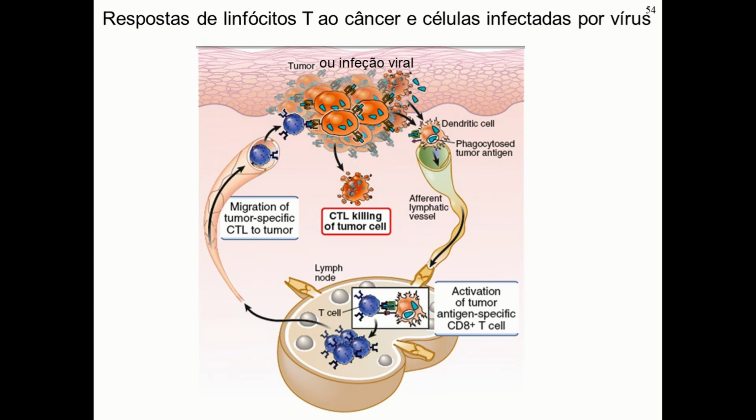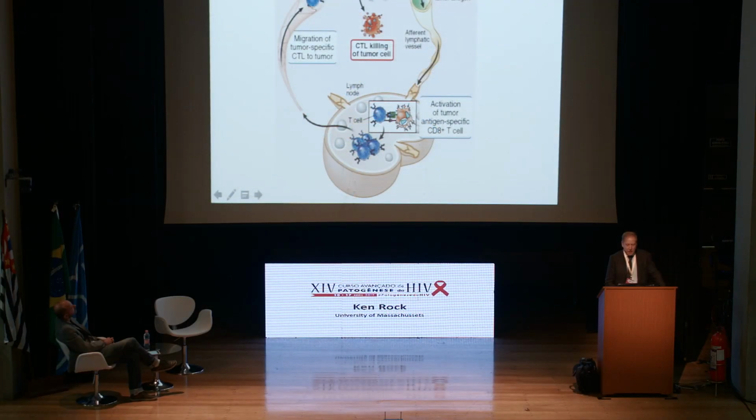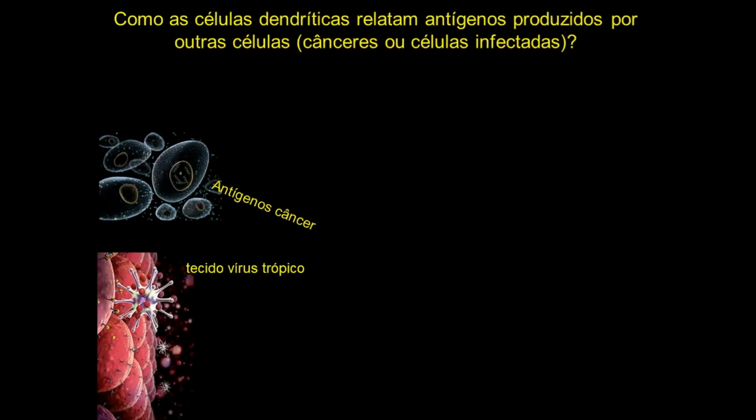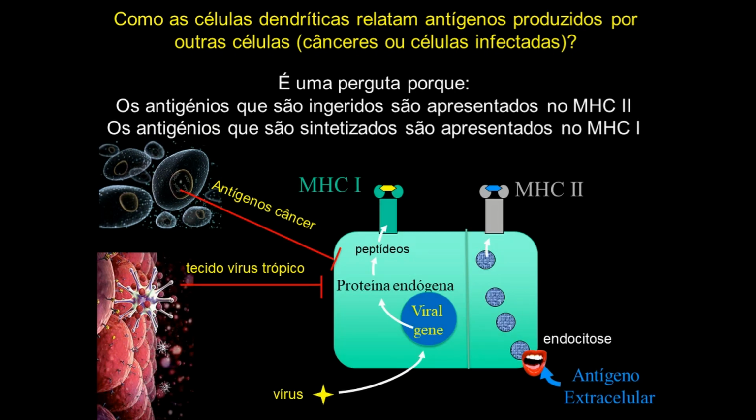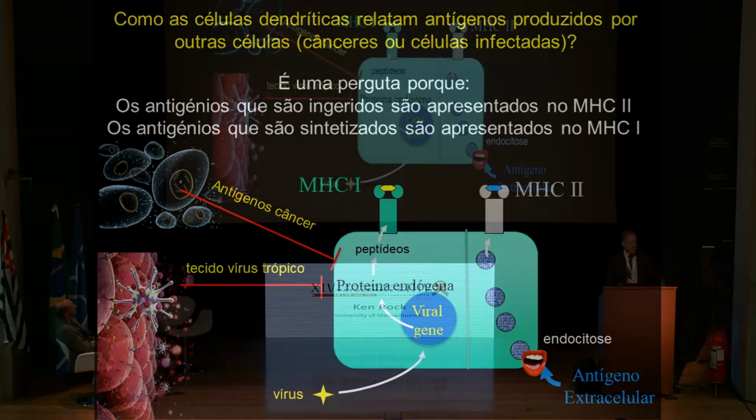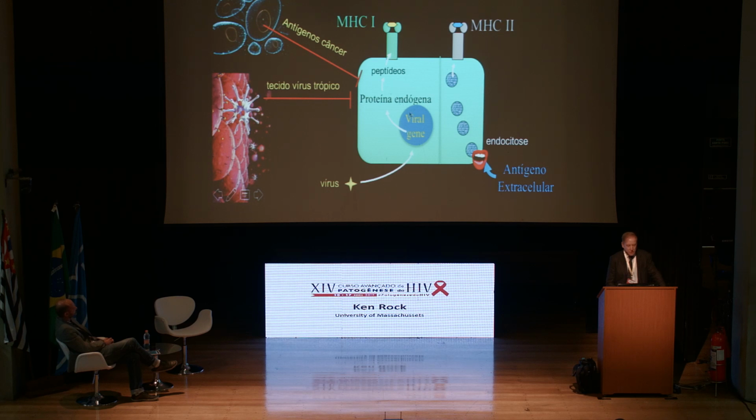So the issue with dendritic cells having this job of having to collect this information is this raises the question of how can the dendritic cell sample antigens from a cancer cell or a tissue-tropic viral infection. And the reason that that's an issue is based on the mechanisms that I've told you about here. These antigens that are made by other cells can't enter the class 1 pathway because this is a pathway that's monitoring the cytosol and nucleus and what a cell has made.